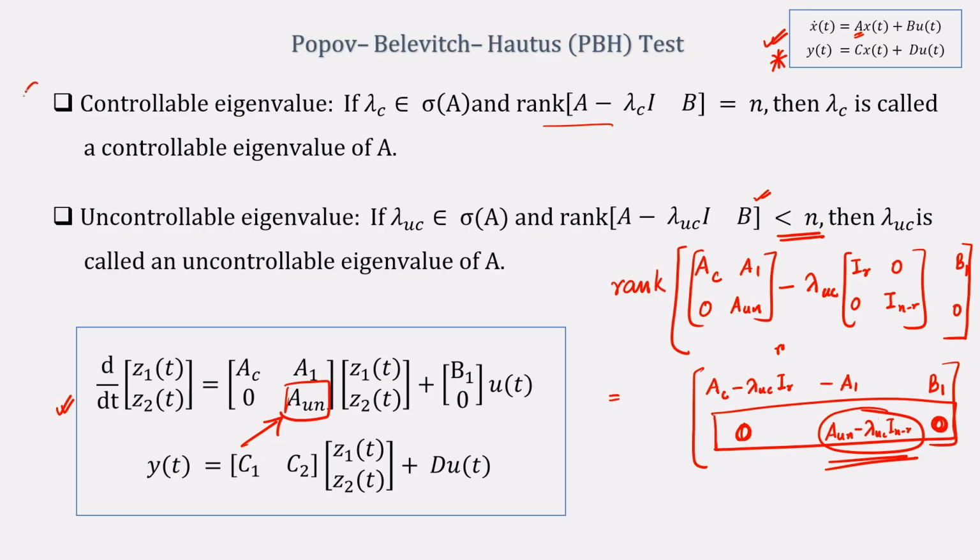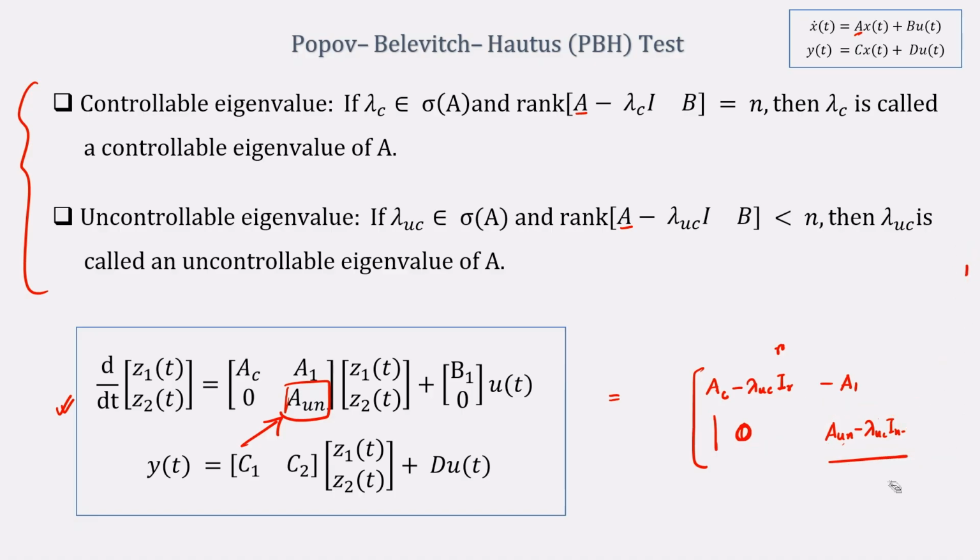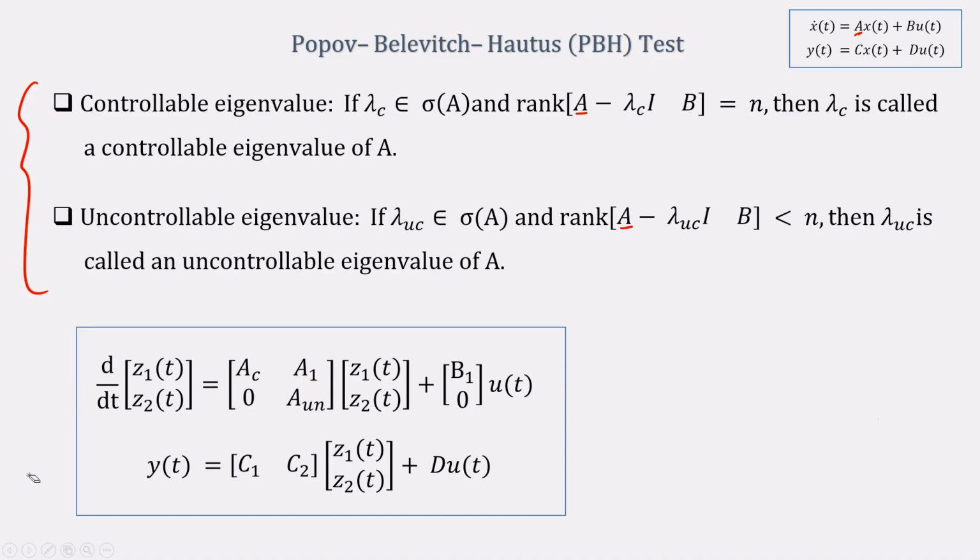When I defined controllable and uncontrollable eigenvalues, I did not choose a specific form of A. You do not have to choose a specific form of A, but the good thing about the transformation that we had done is, when we transform the system into this block upper triangular form, I can directly see which are the uncontrollable eigenvalues and which are the controllable eigenvalues.